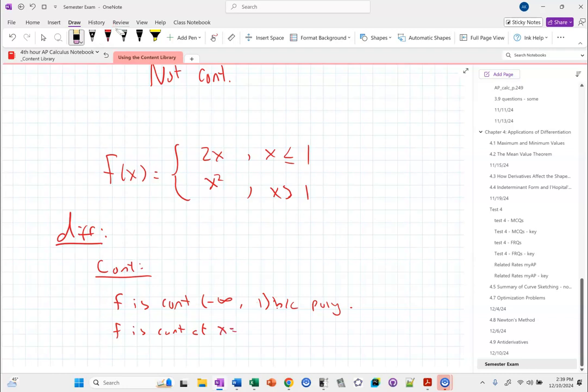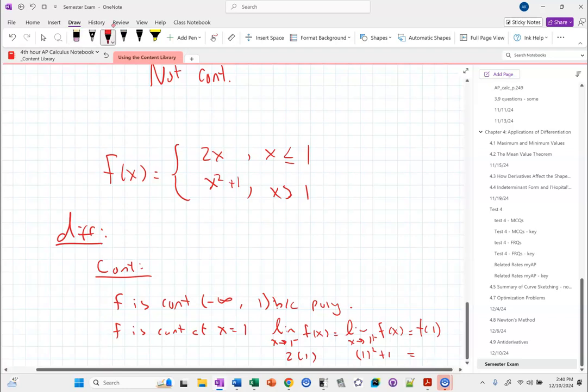Oops, not negative 1, positive 1, I'm still in the previous problem. Here I have the limit as x approaches 1 from the left, and the limit as x approaches 1 from the right, and then f of 1. Well, this is just 2 times 1. And I screwed it up again, guys. I'm just going to tack a +1 onto that. So got it, right?